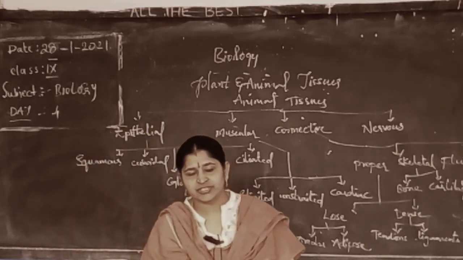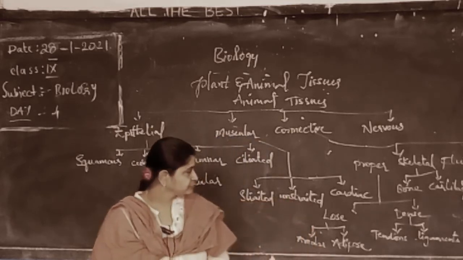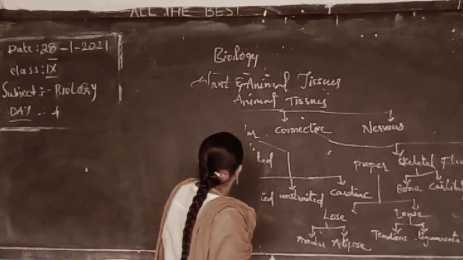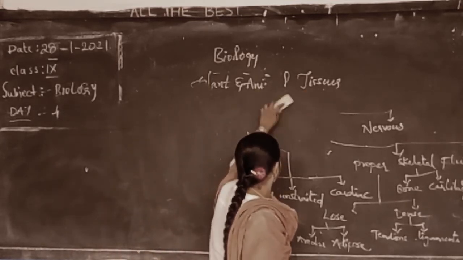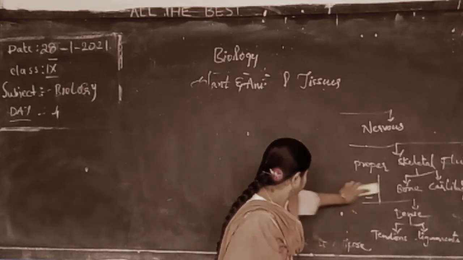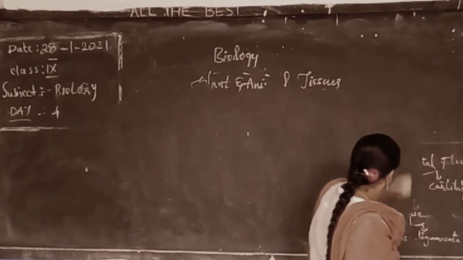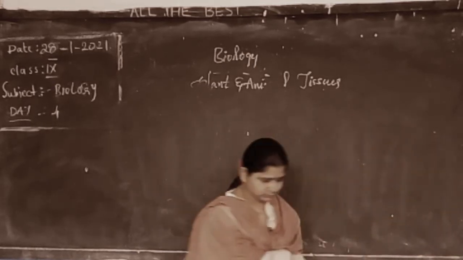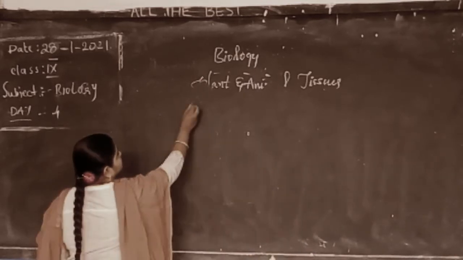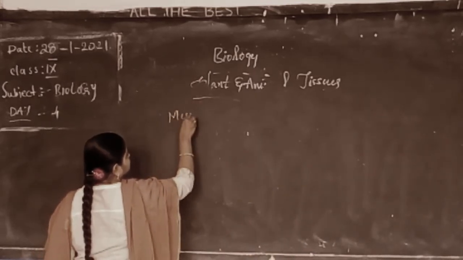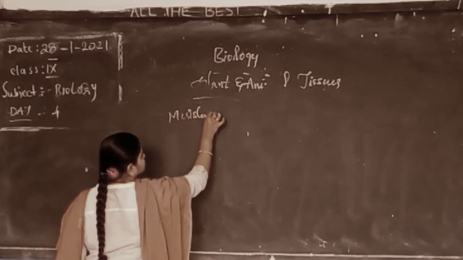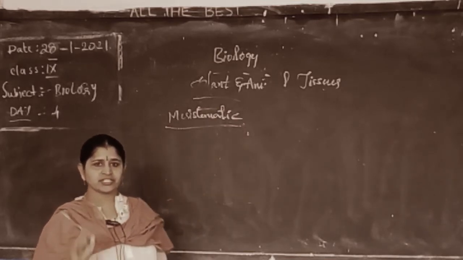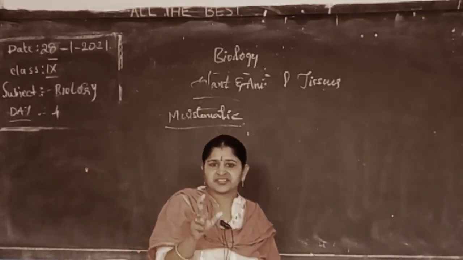So the first plant tissue is meristematic tissue. Meristematic tissue is present in the growing regions of the plant.